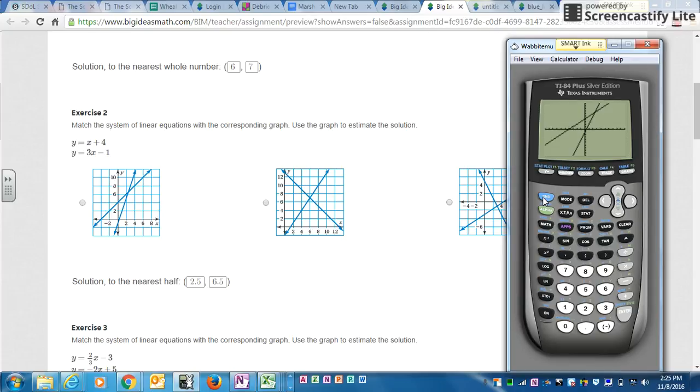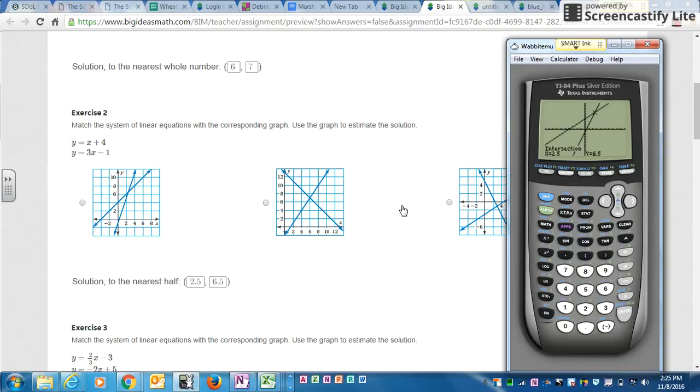And then this is the key to find the intersection. You want to hit second trace, and you notice option 5 is intersect, and we want to know where the lines intersect. So I'm going to choose that one, enter, not down there, not there. I want right there. Intersection 2.5 is x, 6.5 is y, so that means I have the right answer.